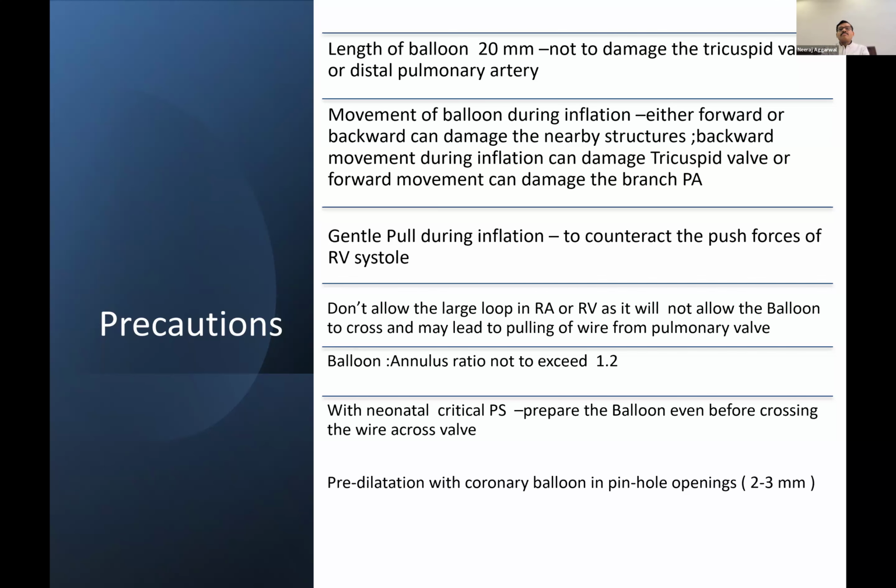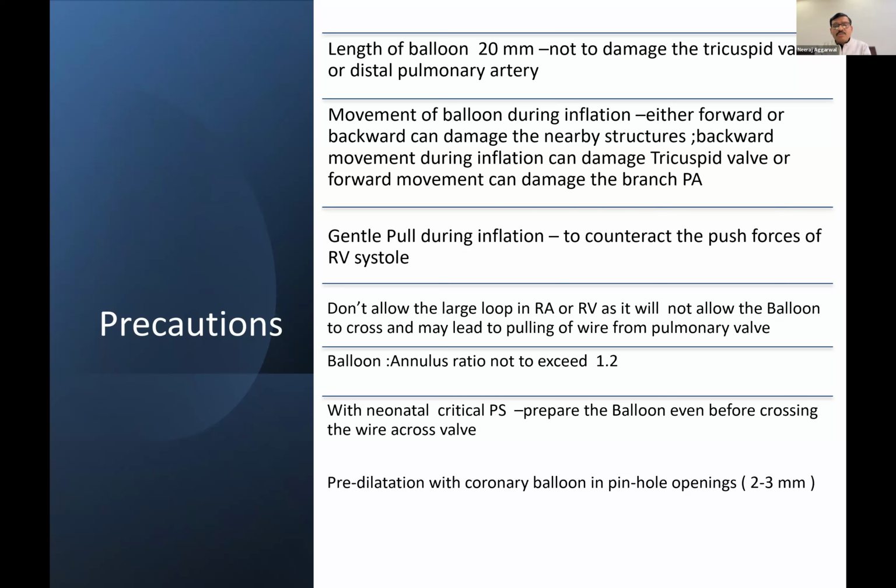The inflated balloon cannot come to the tricuspid valve. Remember that part. Keep a hand free nearby to adjust the balloon. Two people should be doing it: one can inflate, the other should be handling the balloon. Keep a gentle pull during inflation to counter the push force of the RV. So gentle pull, not strong pull.